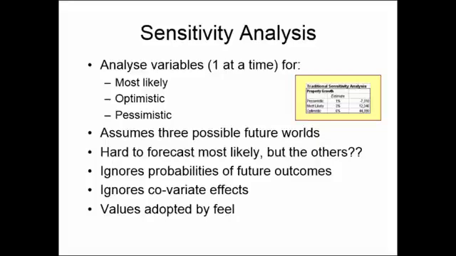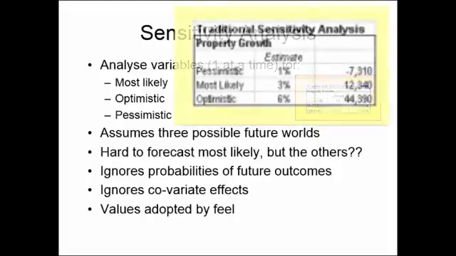And so the habit developed of analysing the key variables one at a time for three values. The most likely value was the forecast value, but then either side of this most likely value, analysts considered the most optimistic possibility for the variable, in other words, its movement in a realistic direction that would give a better investment result, and also a pessimistic direction, which was the adverse change in the value of the variable, about as far as the analyst thought it was likely for it to possibly go.